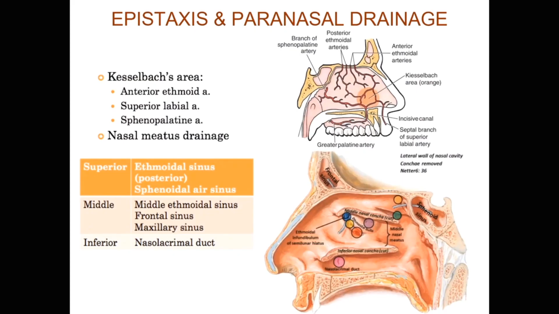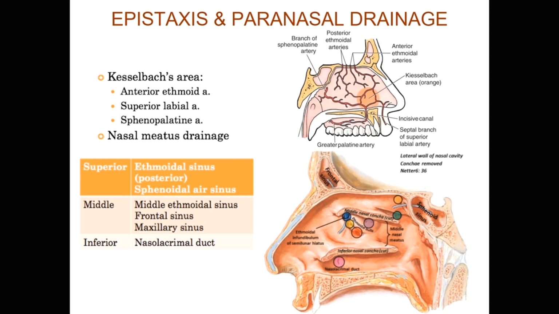So now epistaxis, or nosebleed, and paranasal drainage. This is important because you have what is known as Little's area or Kesselbach's area. I have two names for this. This is due to a meeting and anastomosis point of the anterior ethmoidal artery, as well as your superior labial and sphenopalatine, which are off of the maxillary. When these blood supplies meet and anastomose, if dry, this can cause an anterior nosebleed.